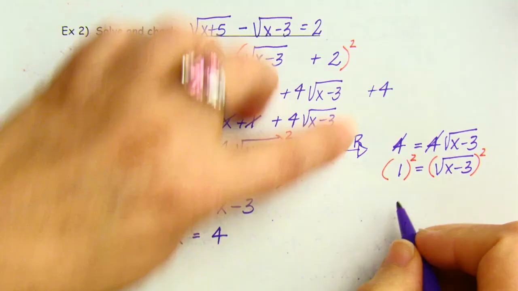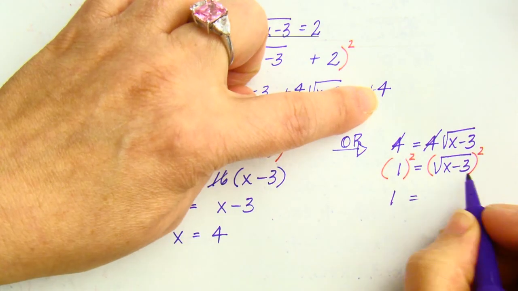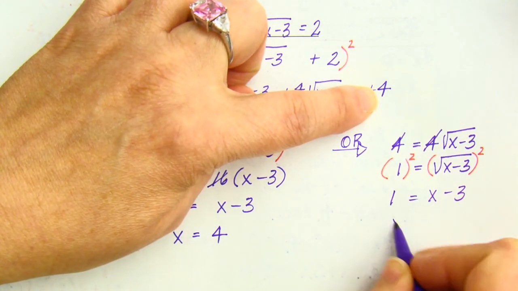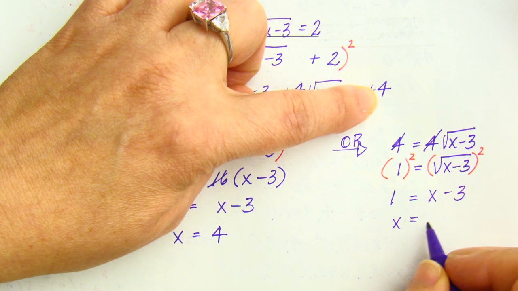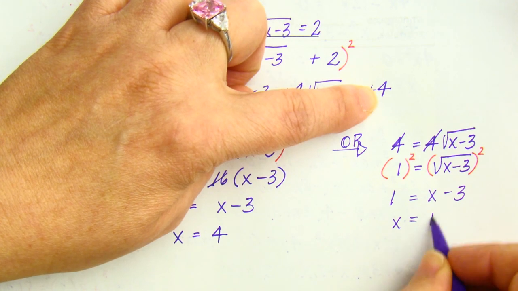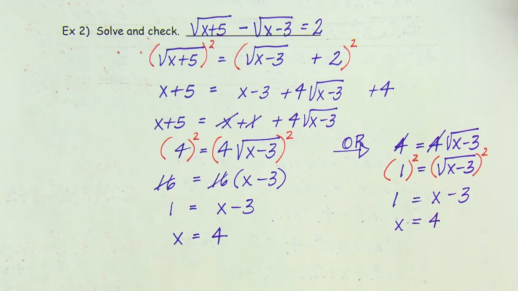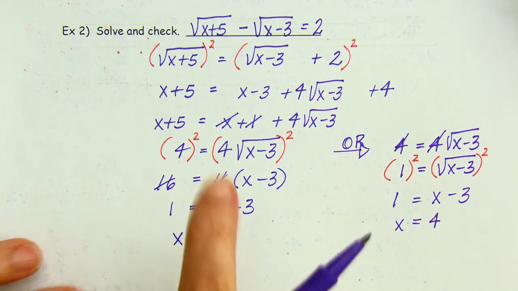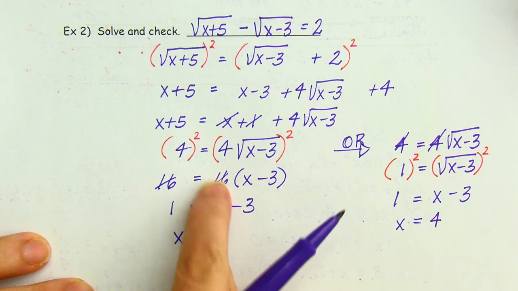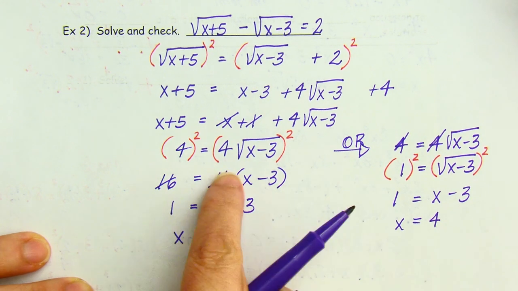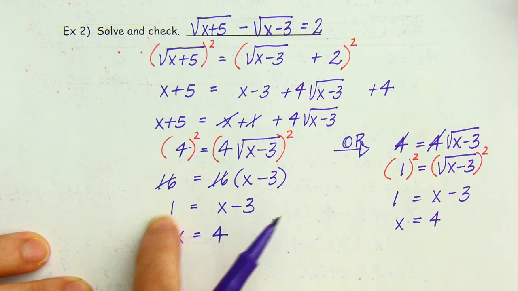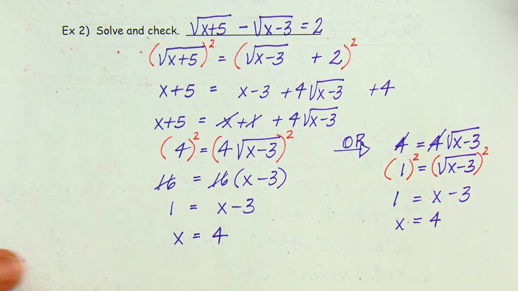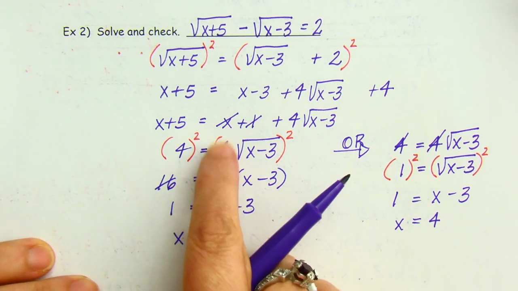Squaring 1, you still get 1. Squaring this, you still get x minus 3. And you would still get the answer of x is 4. If you did not square that 4 here, you would divide by 4 and you'd have a 4 here, and then your answer would be 7. So just remember you have to square that 4.